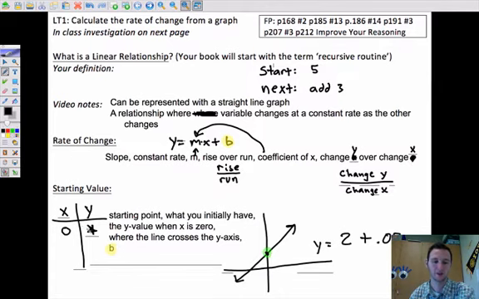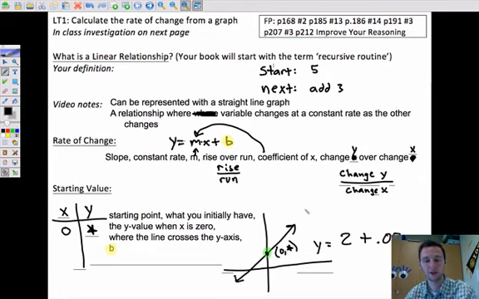In this case, if we look back at our table, this is where x equals 0. If I'm going to write the coordinates of this point, it's going to be 0, comma, whatever the y-intercept is. So when x is 0, whatever that value of y is, that is the y-intercept. And it's wherever this line crosses the y-axis.